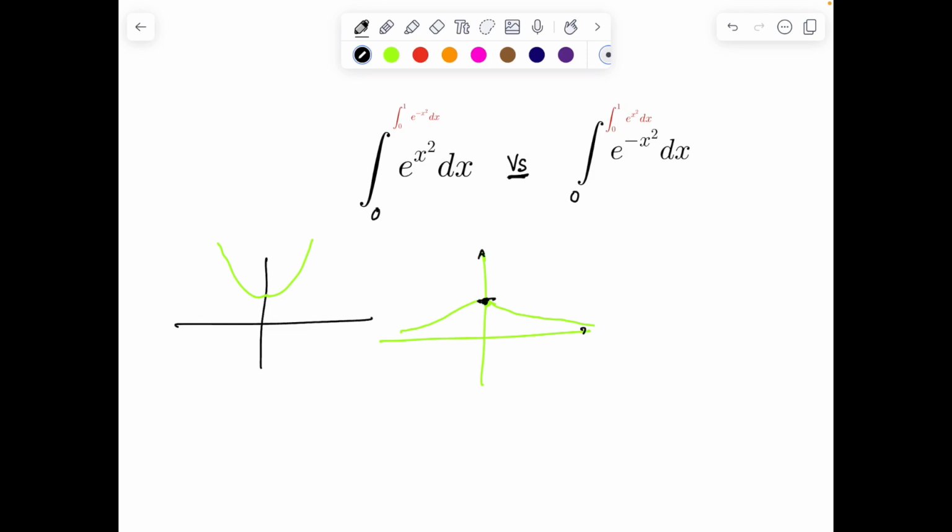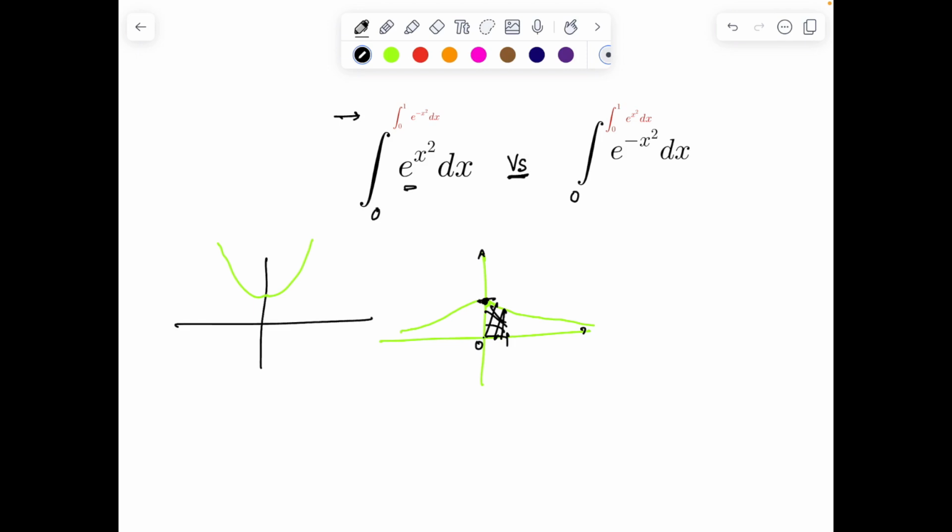Now the question is: integral from 0 to 1 of e to the power minus x square dx is the upper limit of integration. So if we see 0 to 1, we'll get this area. And then we have to integrate from 0 to this value e to the power x square. As you can see, on the head we have a comparatively lesser value, but the integrand is larger.